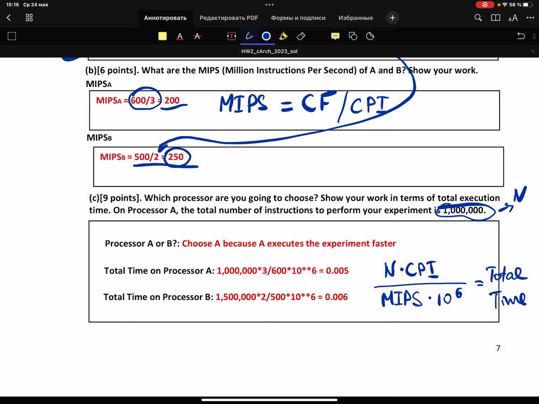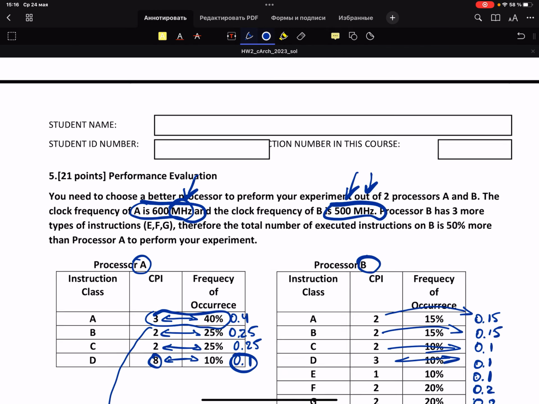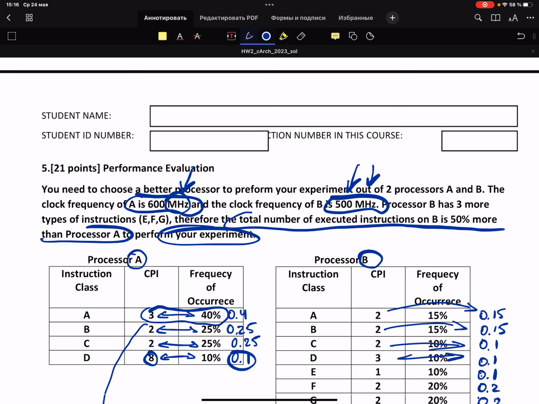Of course, if it's simple, there should be some tricky parts too, and here it is. It is written in the question that the total number of executed instructions on processor B is 50% more than on processor A in your experiment.